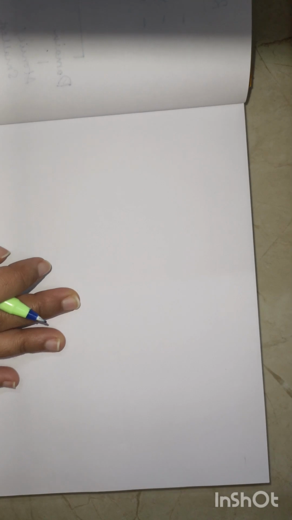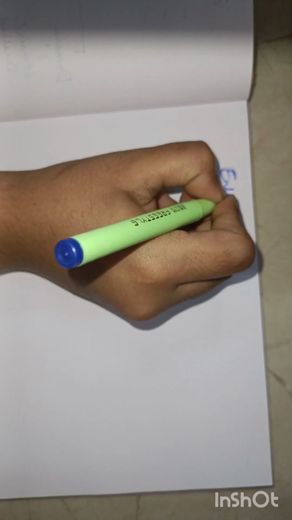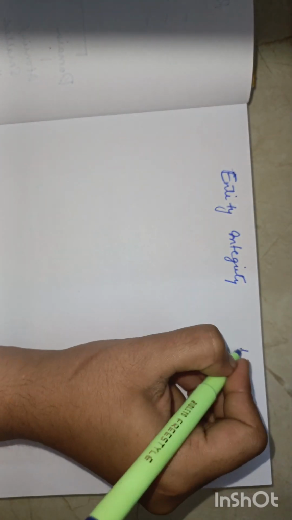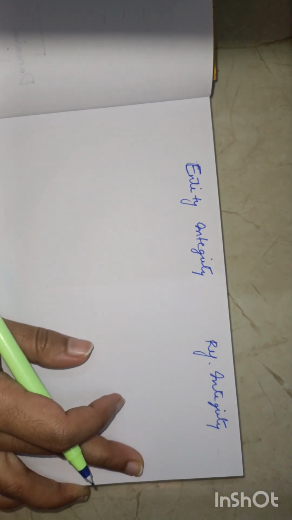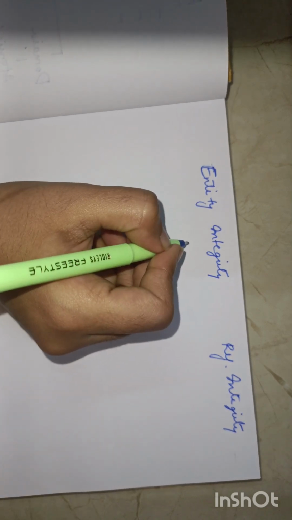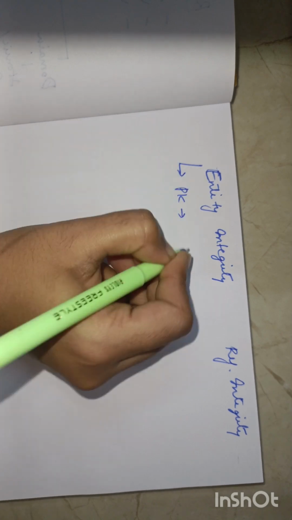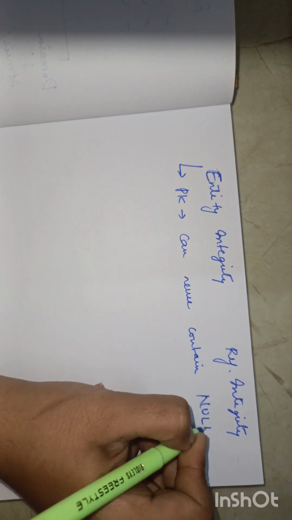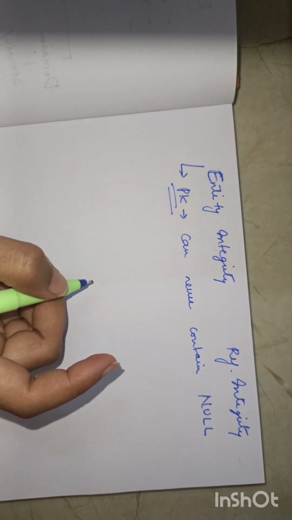Next question is the importance of entity integrity, which we saw earlier. What is entity integrity and referential integrity? What is its importance and why is it used? Entity integrity states that the primary key can never contain null values. Because it is used to identify the rows, it is the unique identifier and it cannot have any null values.